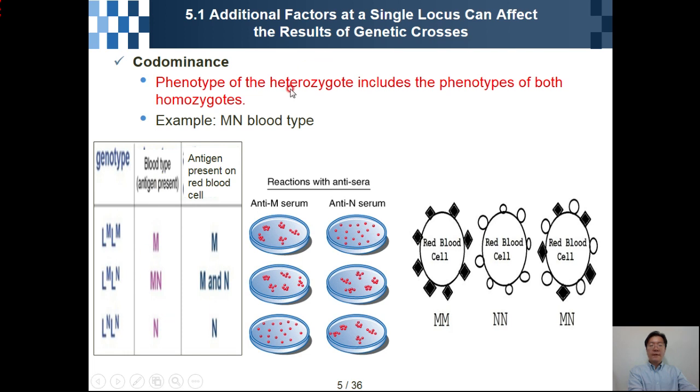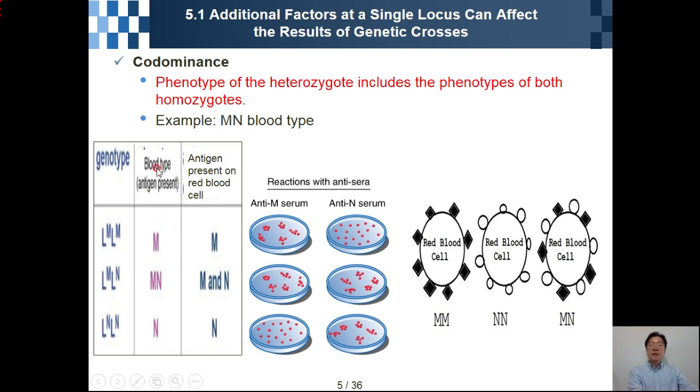but when the heterozygote LM LN exists, the phenotype of the heterozygote shows both phenotypes of the two homozygotes. So it can show both M and N blood type.